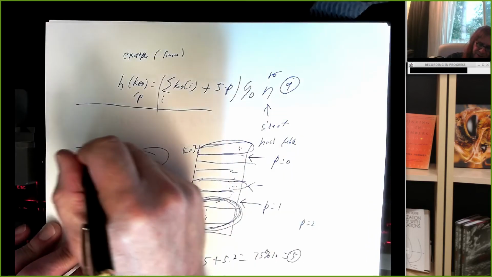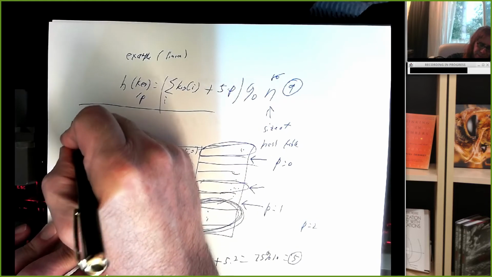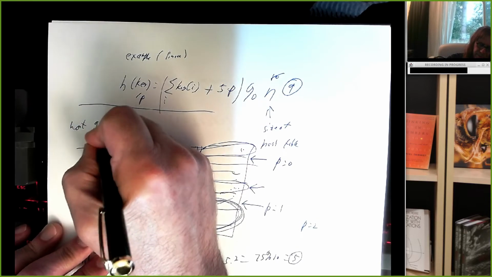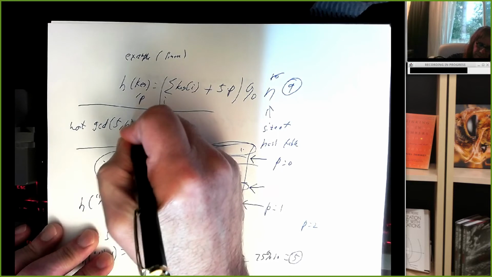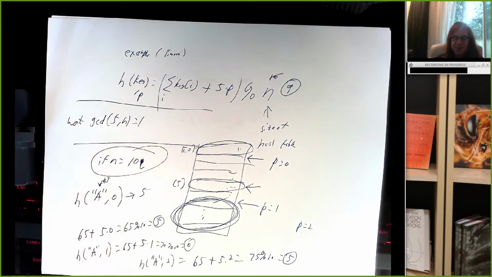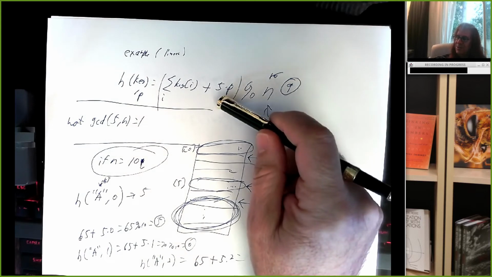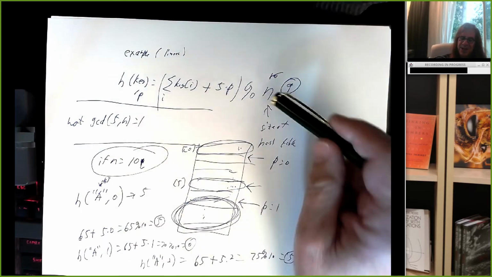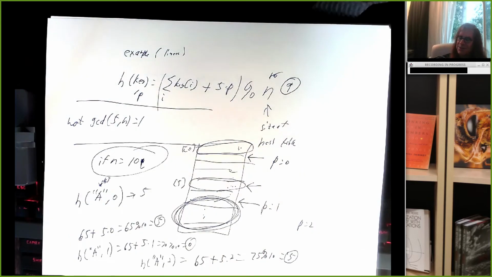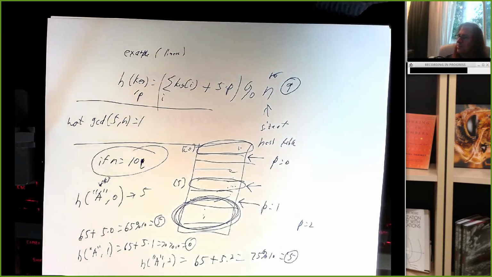And so here's the magic recipe. We want the greatest common divisor of 5, the scaling factor for our linear probe, and n, the length of the hash table, to be 1. In other words, we want these numbers to be relatively prime.